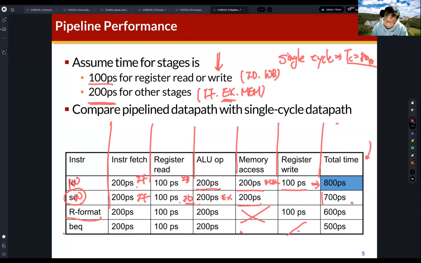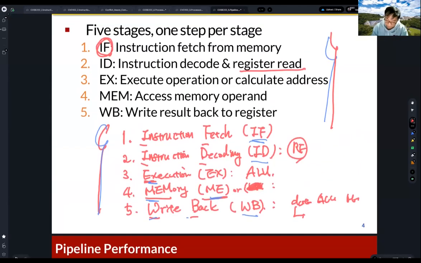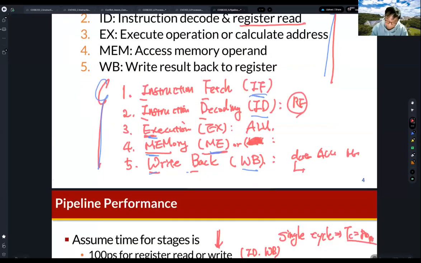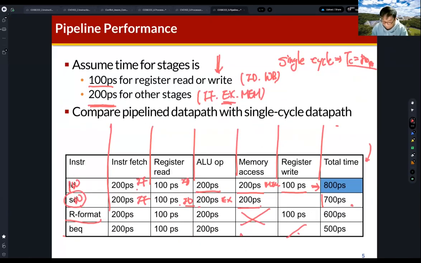So we can divide the execution path of this RISC-V processor into 5 stages, as we defined in the previous slide: instruction fetch, instruction decoding, execution, memory, and write back.